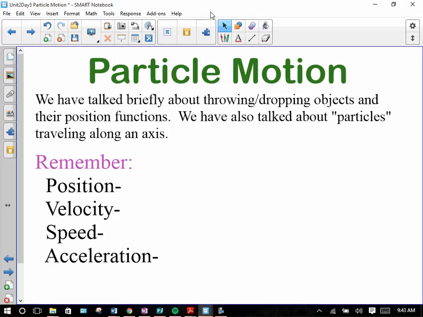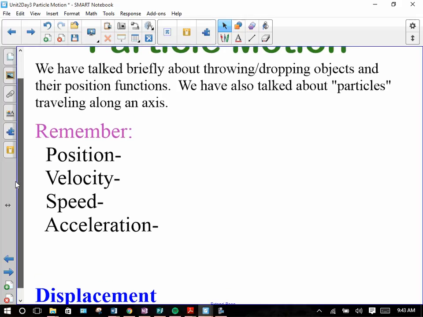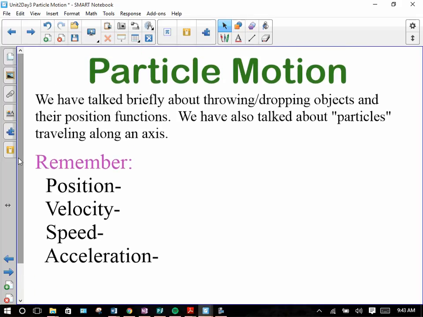Alright, so in order to talk about this, we need to make sure to remember position. Position we typically see represented as s of t. Alright, it's our position.